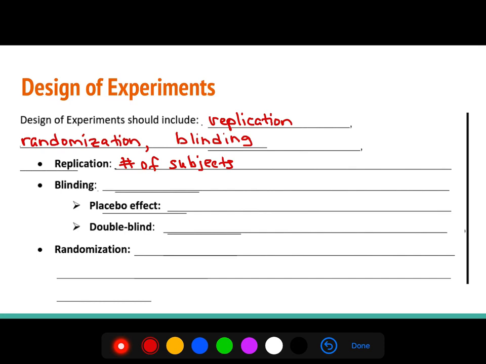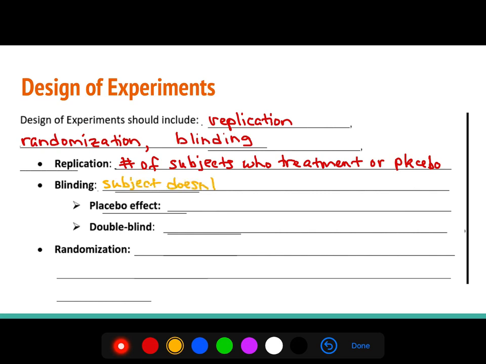With replication, we need to have the number of subjects who received the treatment or the placebo. And we need to be able to do that over and over and over. We need to be able to replicate who's getting what.